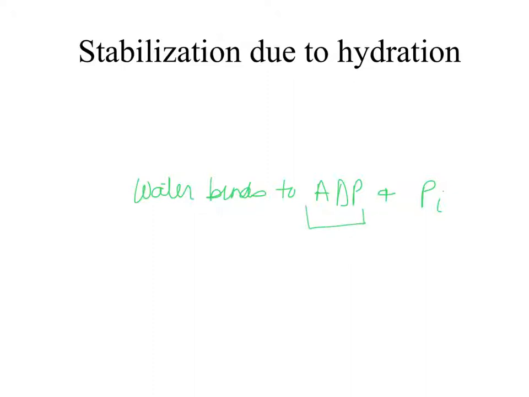So when we have water binding or interacting with these 2 substances, it makes the reverse reaction unfavorable. So we're not going to see the ADP recombining with that inorganic phosphate to produce ATP. This is not a favorable process, and that's because water is going to help stabilize these products.